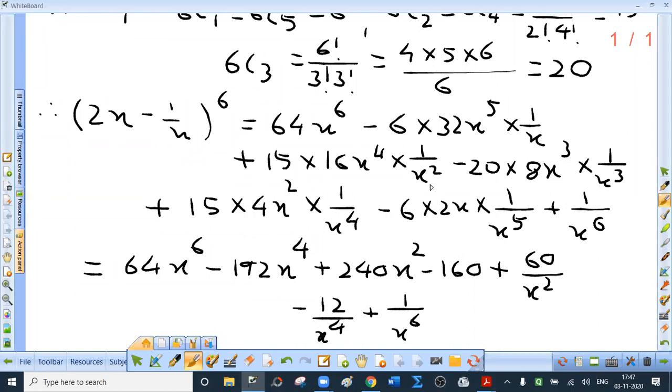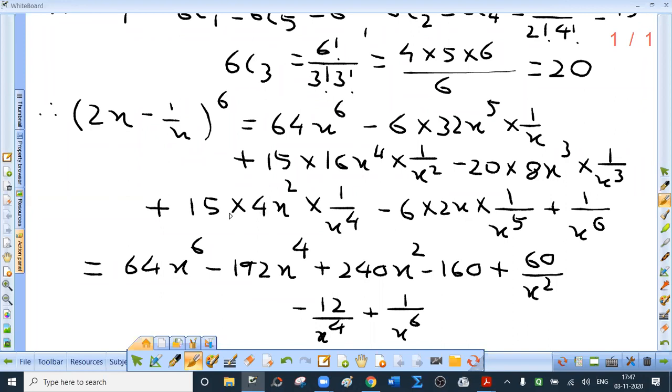So minus then it is 6 into 2x into 1 upon x raised to 5 plus 1 upon x raised to 6.